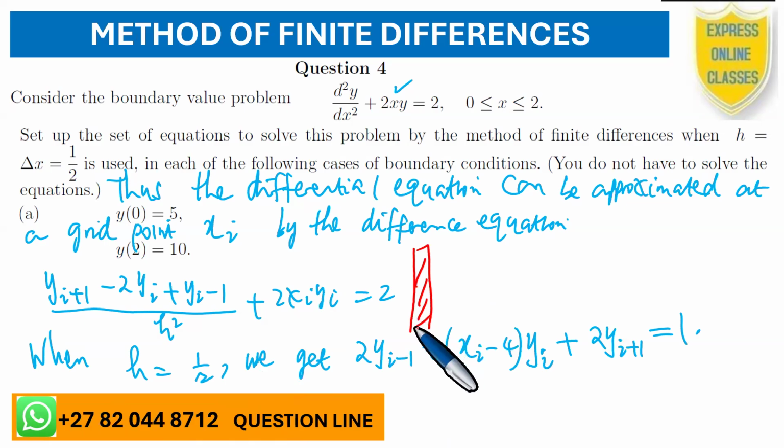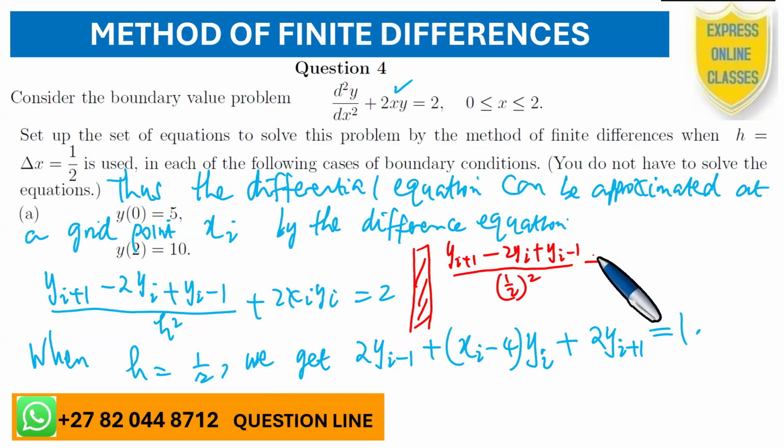Let's put h equals 1/2 into this equation. And if we do, we shall have yi plus 1, 2yi.